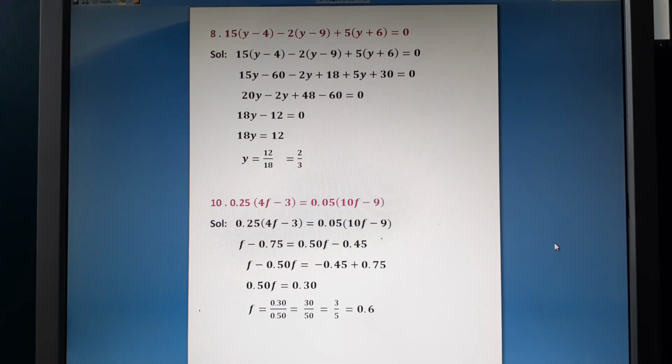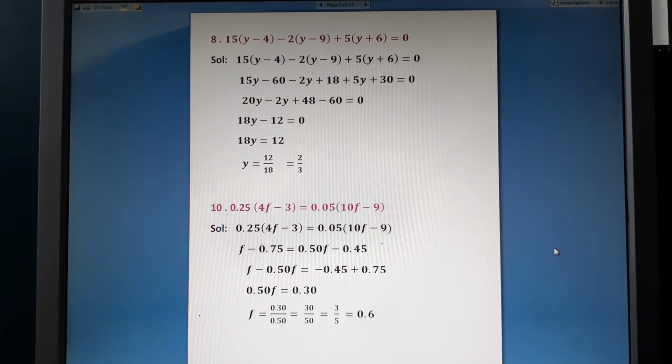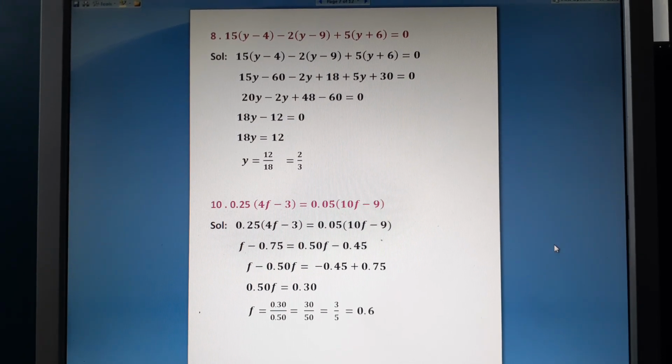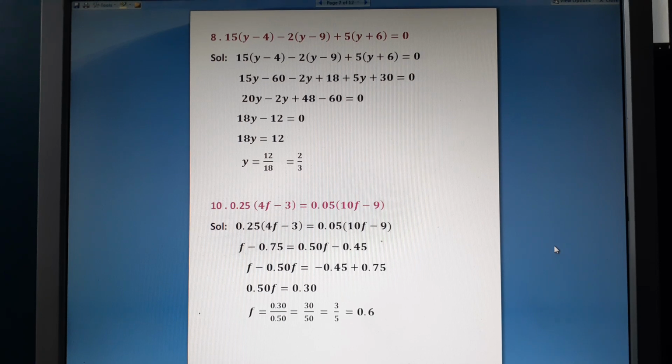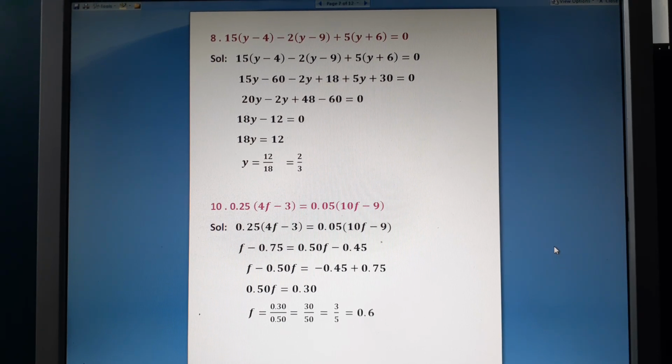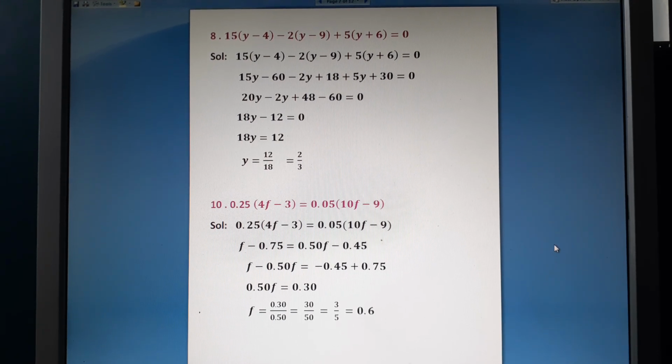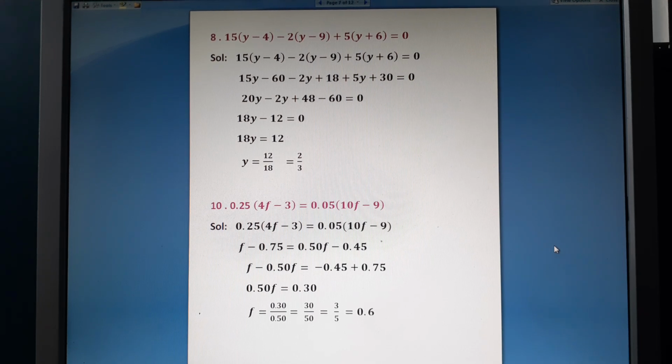That is 15y − 60 − 2y + 18 + 5y + 30 = 0. 15y plus 5y is equal to 20y. Next, minus 2y, plus 48 minus 60 is equal to 0. 20y minus 2y is what? 18y. 48 minus 60 is minus 12.